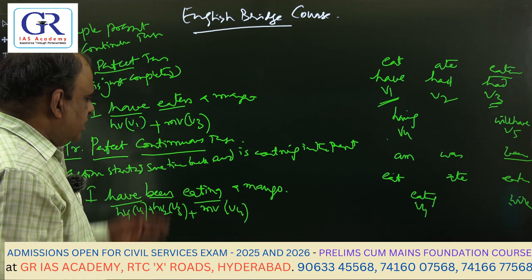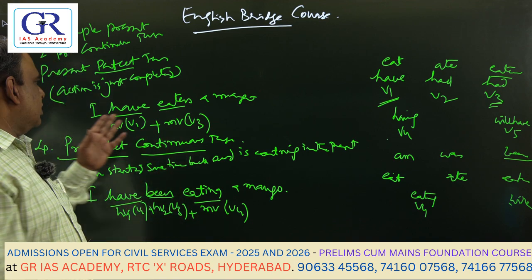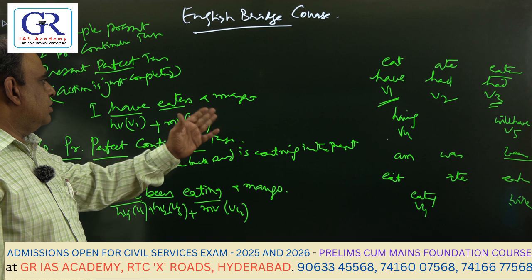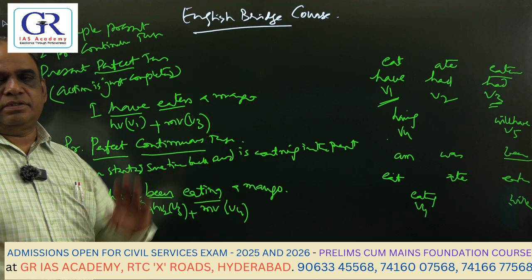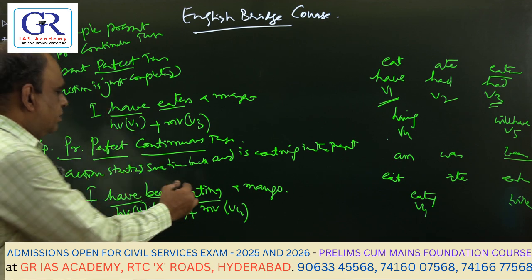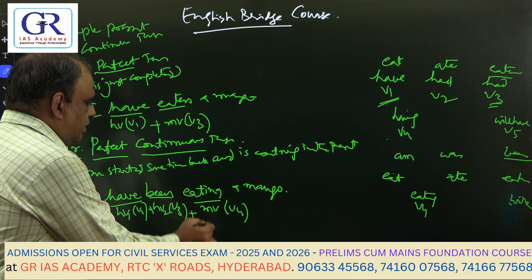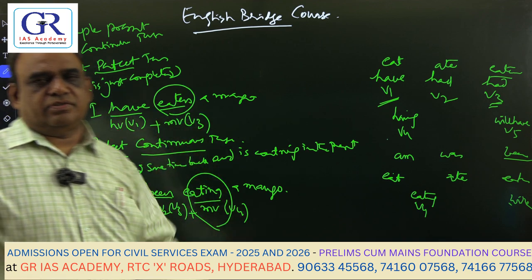Very simple. Just replace eat with anything. For example, play. So what can you say? I have played cricket. I have been playing cricket. Like this, any verb you can put. Simply replace the main verb.